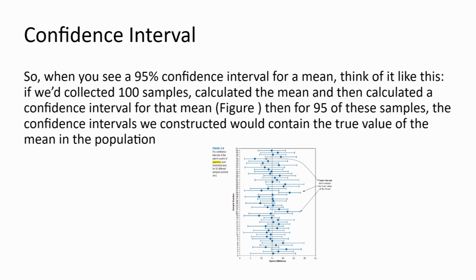Now let me read that. When we see a 95% confidence interval for a mean, it means that we would collect 100 samples from the population, and out of that, 95 times we will find the population mean in the I range.